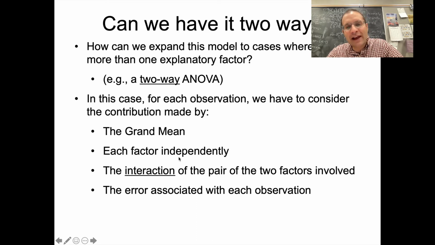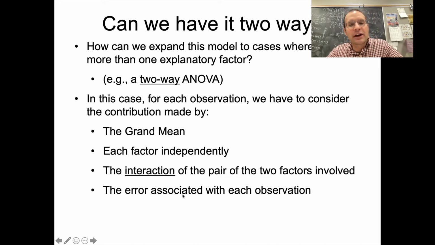We also have each factor independently, which we've sort of seen before, but with a two-way model, we will have two different factors, right? So it's not just one treatment effect, it's two potentially different treatment effects. And crucially, there's also the possibility of an interaction of the pair of the two factors involved. So sometimes when the two work together or work against each other, you can get a different treatment effect than you get when the two are working independently.